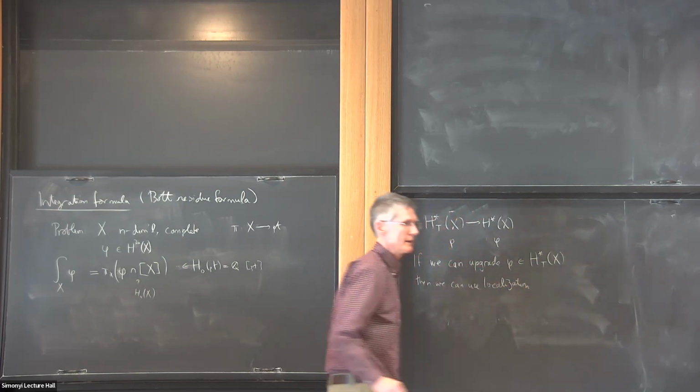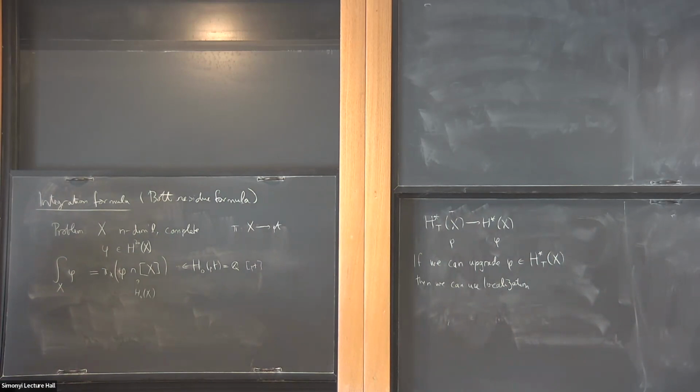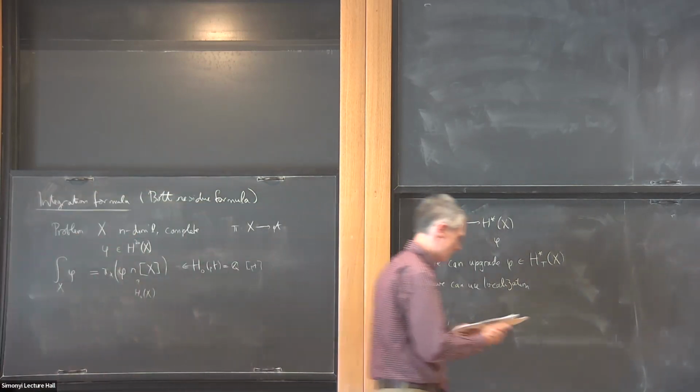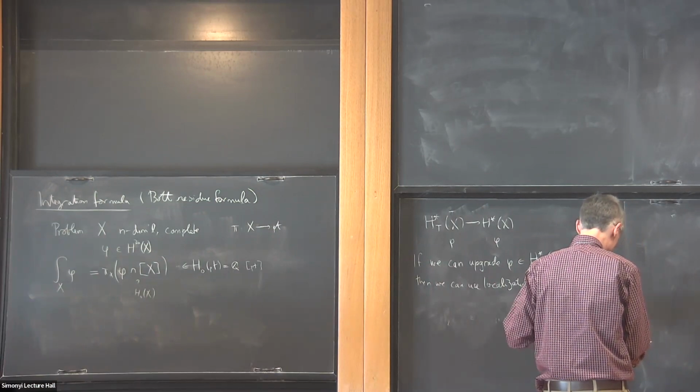So let me explain what happens in the case where X^T is finite, and then if X^T is not finite, there can still be something, but it's a little bit more, though it's not really very much more complicated.